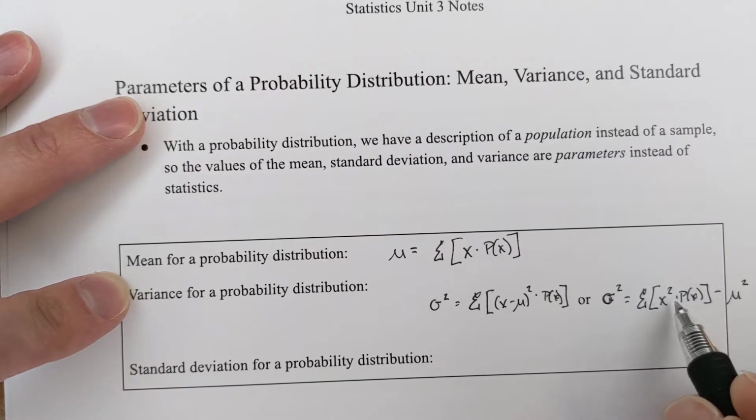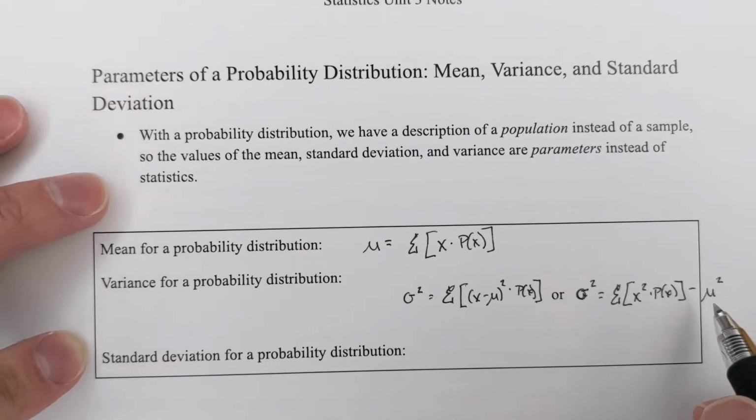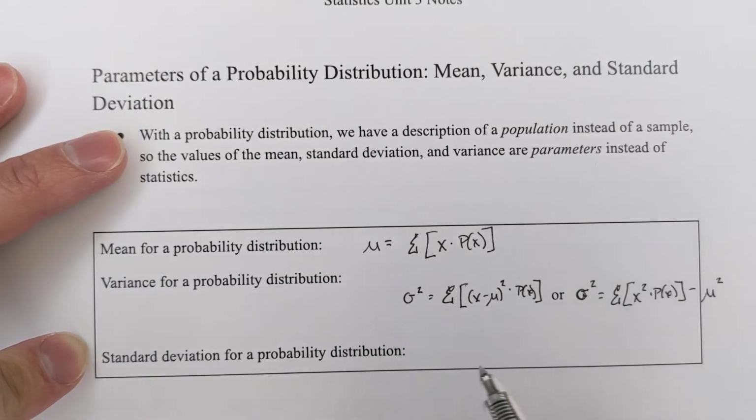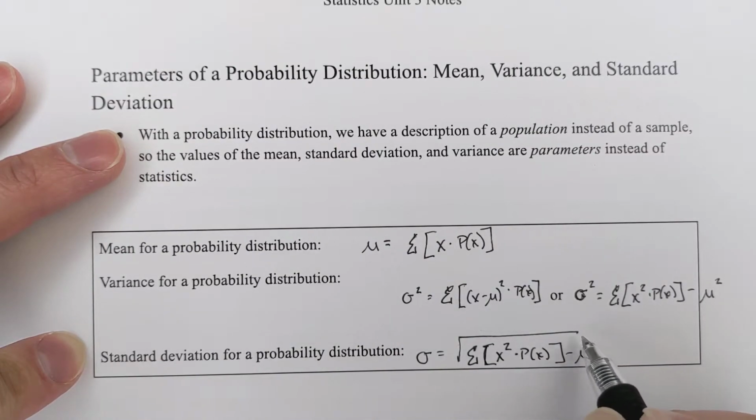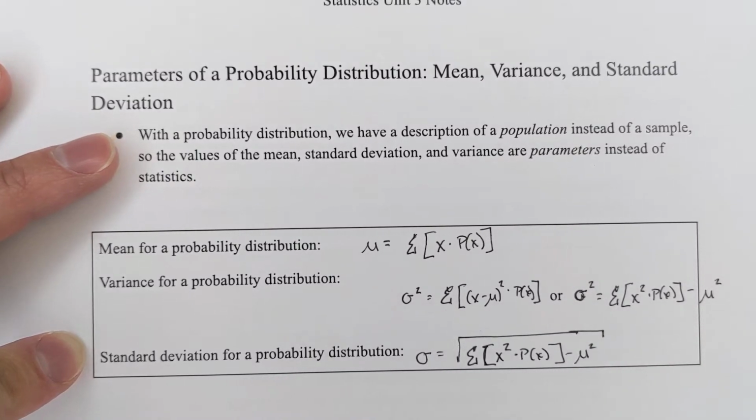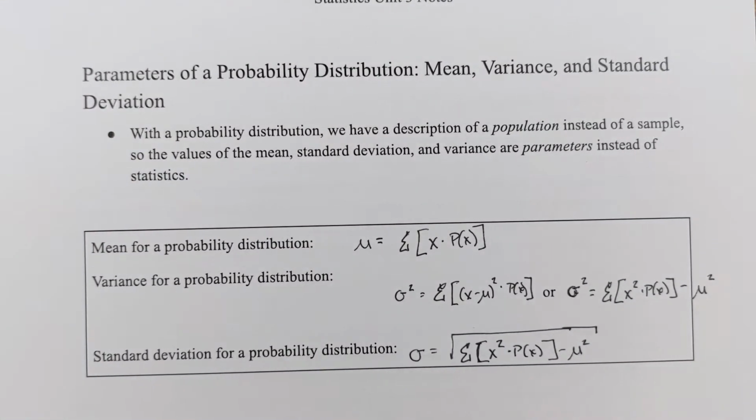This one's probably easier to use if you are doing a manual calculation. And then the standard deviation is just the square root of the variance, so the square root of the sum of each value squared times its probability minus the average squared. There you go. So, I wonder why those didn't print.